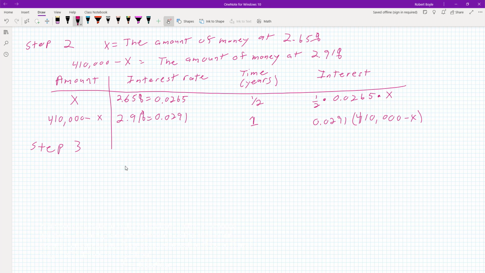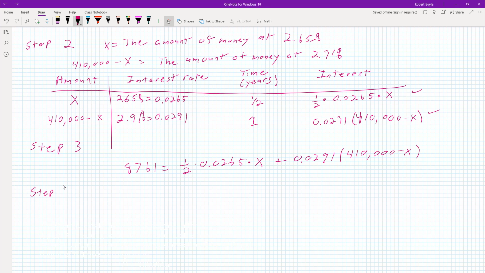Well, that amount of interest, $8,761, must be equal to the interest from this account, 1/2 times 0.0265 times X, plus the interest from this account, 0.0291 times $410,000 minus X. Okay, so that's step 3.